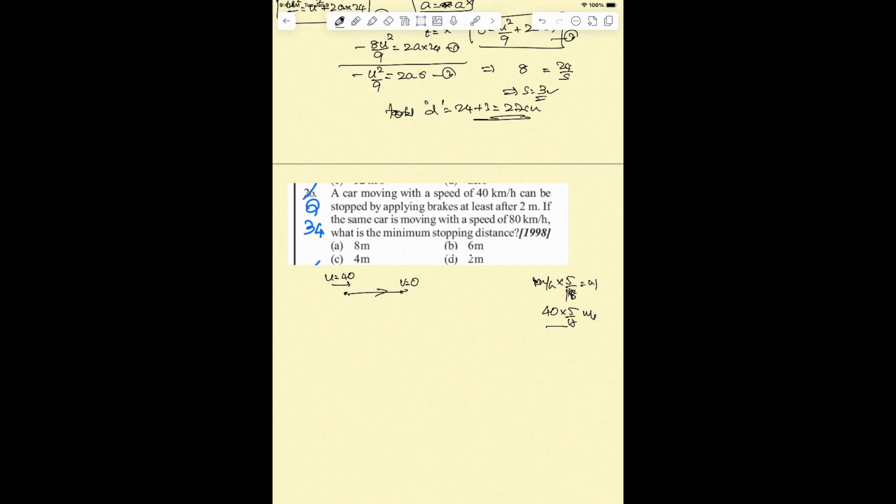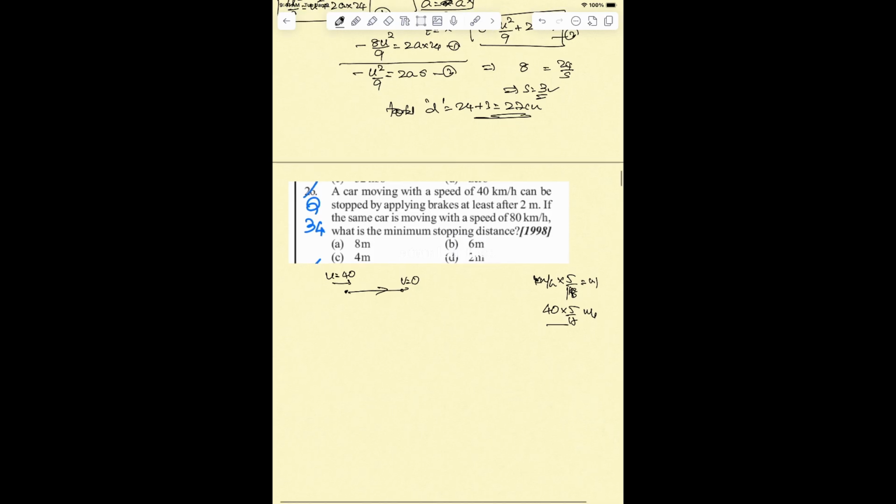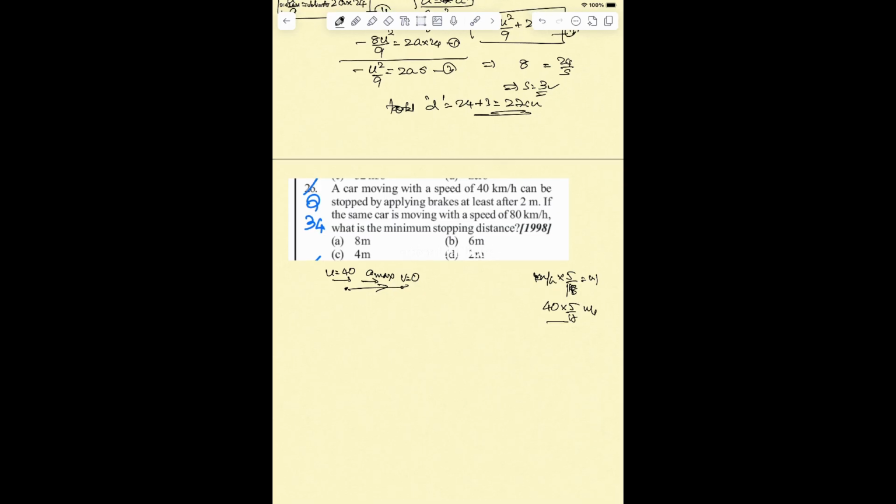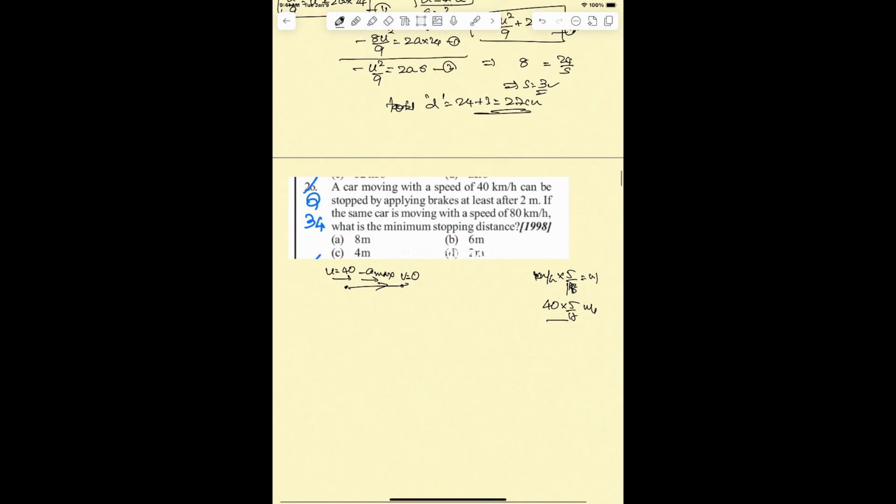That means V equal to 0, with acceleration A max. Acceleration means retardation, that is minus A max. Then this distance of 2 meters is given.